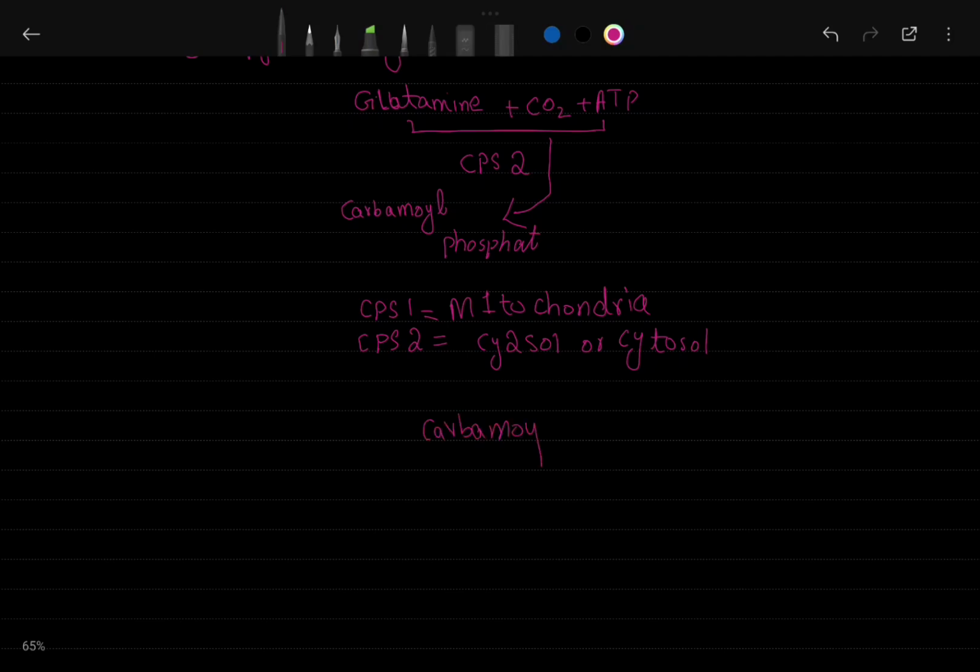Carbamyl phosphate plus aspartate is used to make orotic acid.